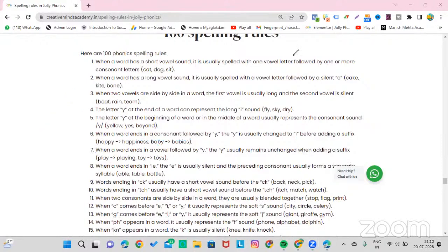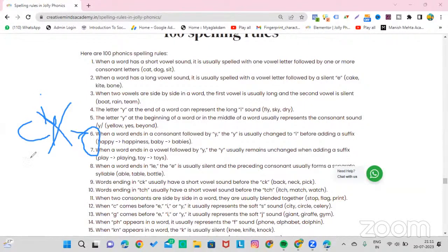Now, when a word ends in a vowel followed by Y, the Y usually remains unchanged. So the sixth point says, if you have a consonant and then you have Y, then you will remove Y and put I before adding a suffix.